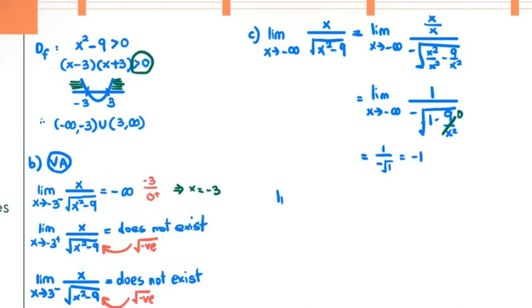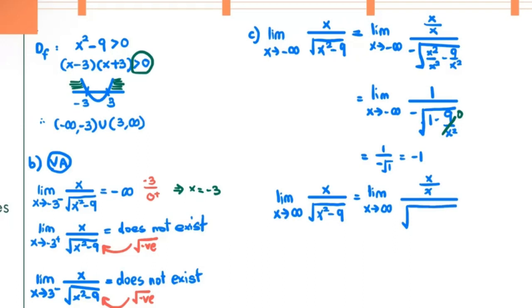And then cari pula limit of x approaching positive infinity of x divided by square root of x square minus 9. So limit as x approaching infinity, saya akan bahagikan dengan x and the denominator here kita kekalkan dia positif lah sebab our function here is x approaching positive infinity.